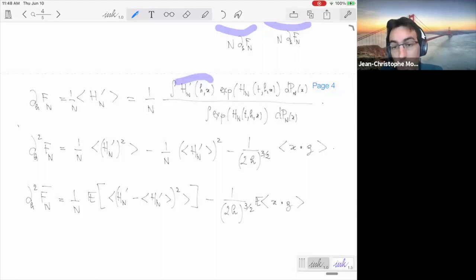And now I can use Gaussian integration by parts here. So let me just erase this and replace by what that gives. And this gives x minus x prime. And I should cancel 2h, so I remove the 3 halves here.